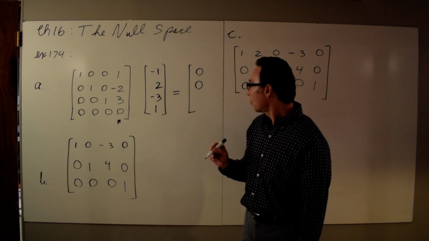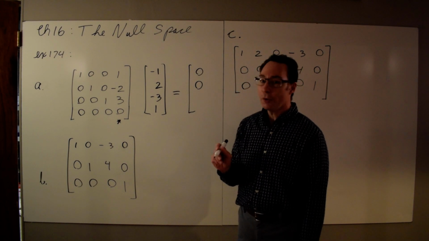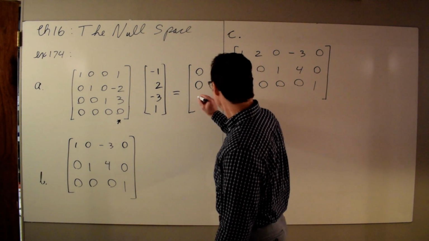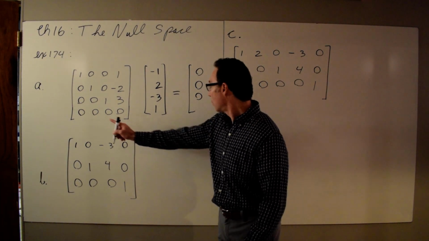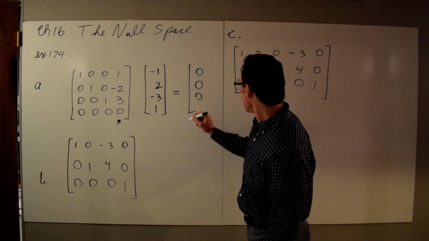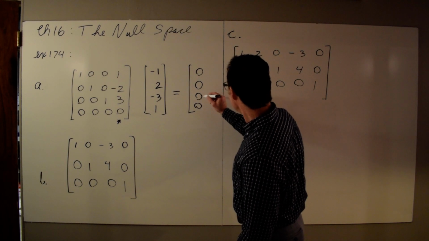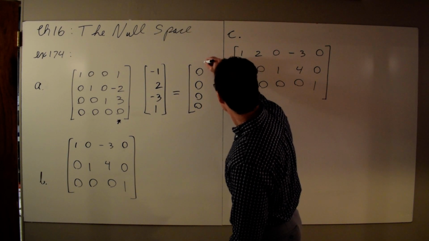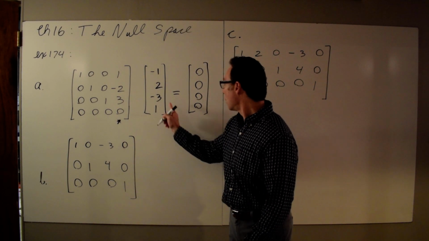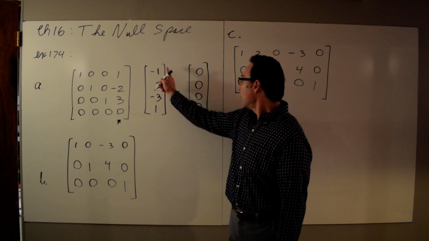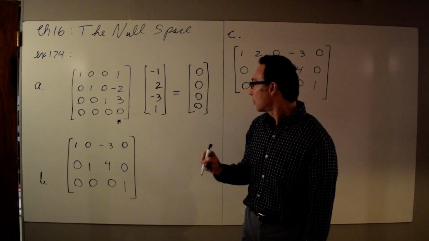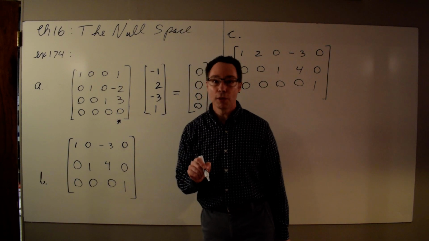The third row gives us 0, 0, -3, 3. And finally across the fourth row, because the fourth row is all zeros, we have a 0. And so this vector right here is a non-zero vector in the null space of this matrix.